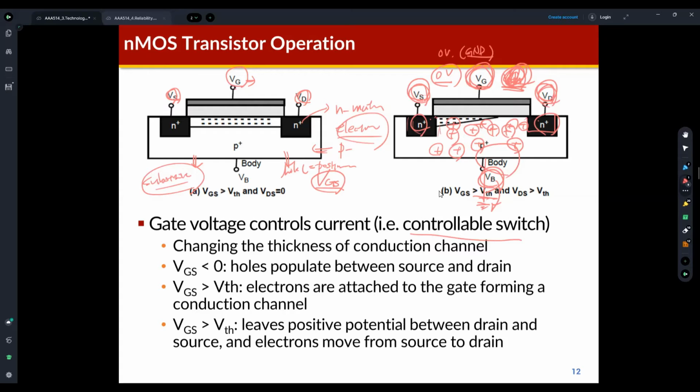There are some free electrons, but in this MOS transistor there are more holes, so the electric charge cannot go through from the source to the drain. It's closed.